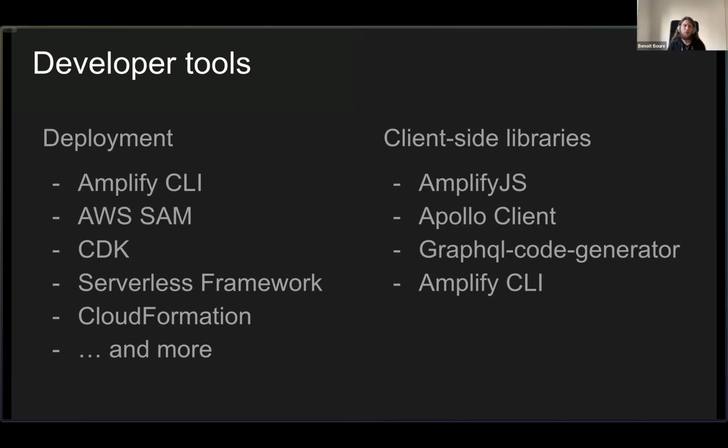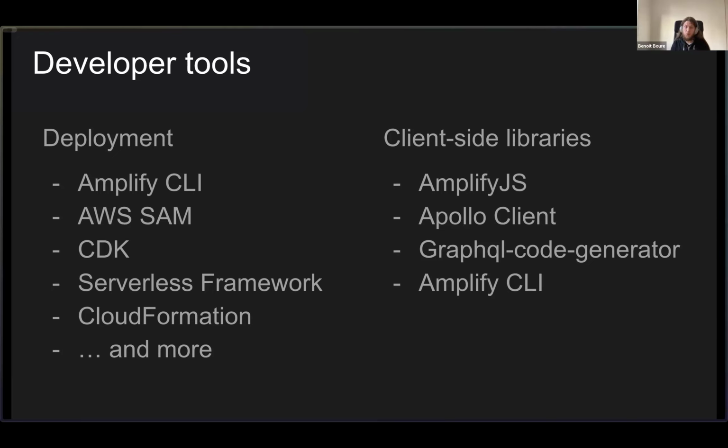So how to work with AWS AppSync? I collected a few tools and utilities you can use to work with AWS AppSync. Just to start with, the infrastructure as code for deployment. You can use pretty much whatever you want. There's the Amplify CLI, which is a framework by AWS.